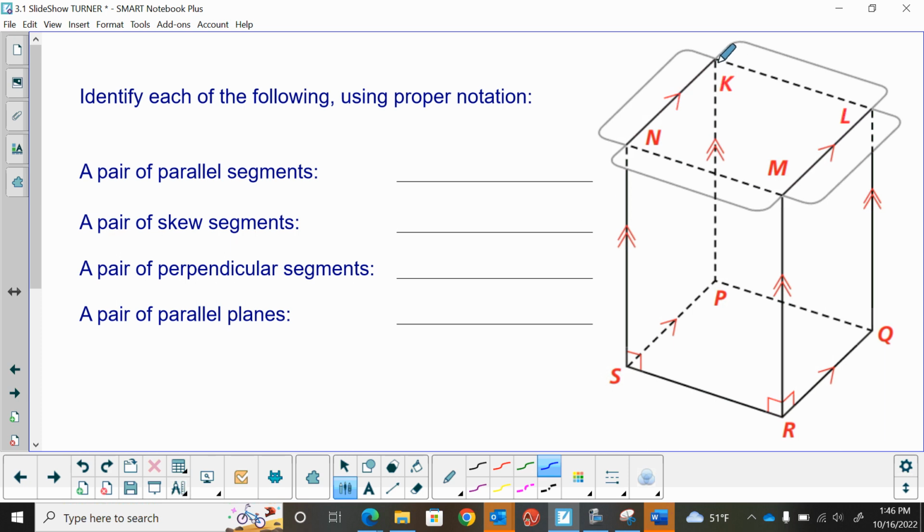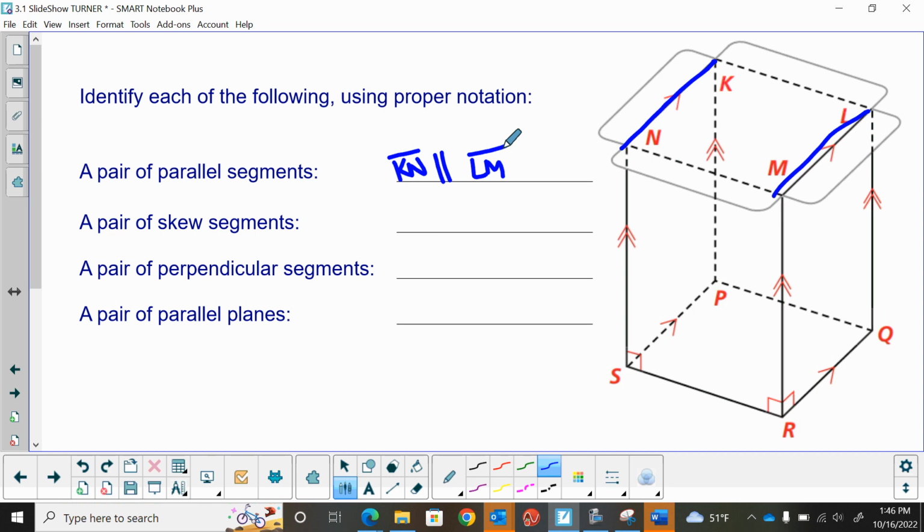So I can see one here, KN and LM would be an example. Okay, they've got the single arrow indicating that they're parallel. So I can say segment KN is parallel to segment LM.